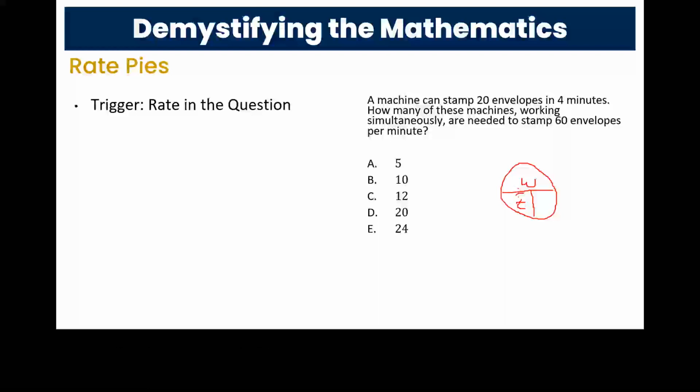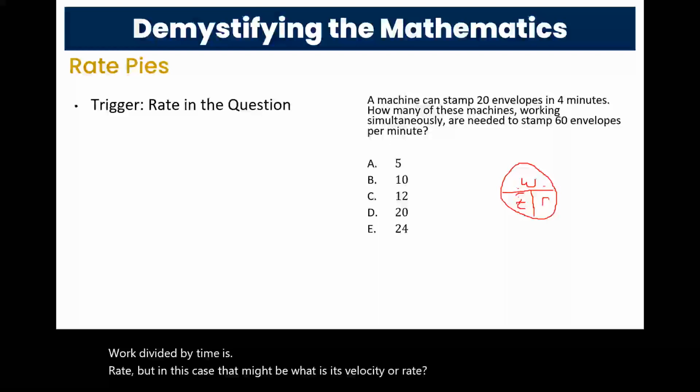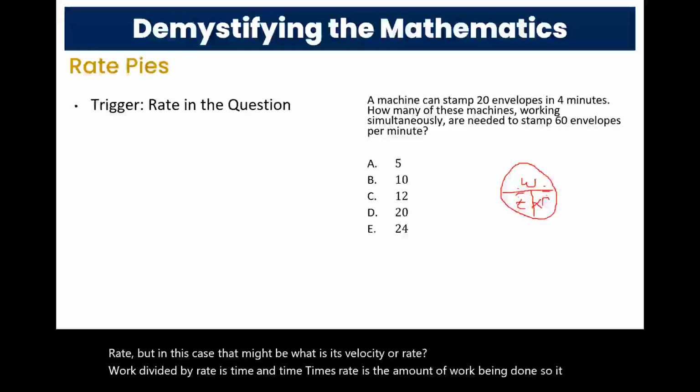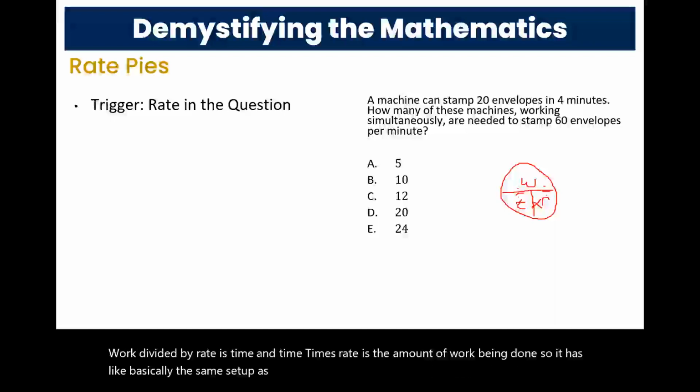Work divided by time is rate. Well, in this case, that might be velocity or rate. Work divided by rate is time, and time times rate is the amount of work being done. So it has basically the same setup as the average relationship.